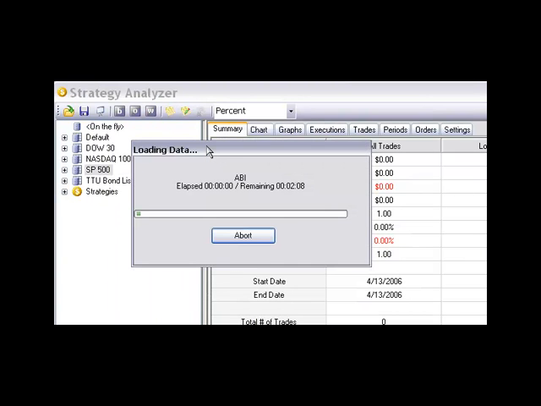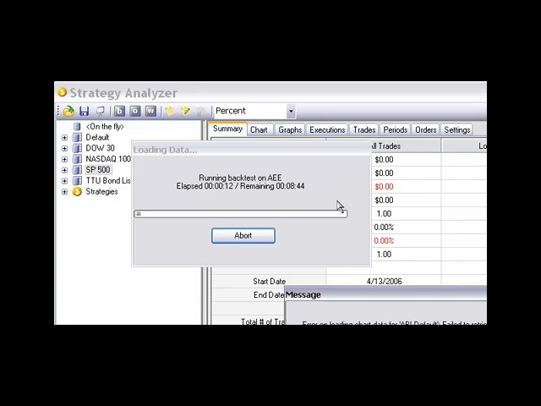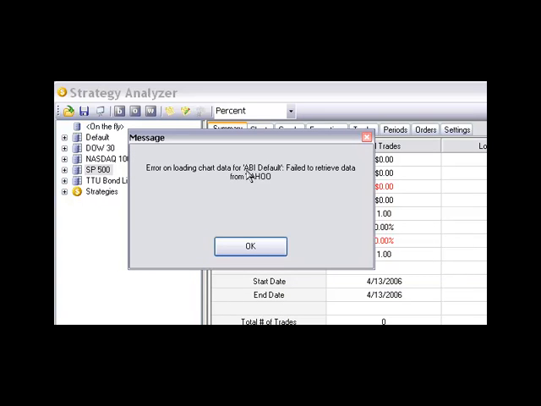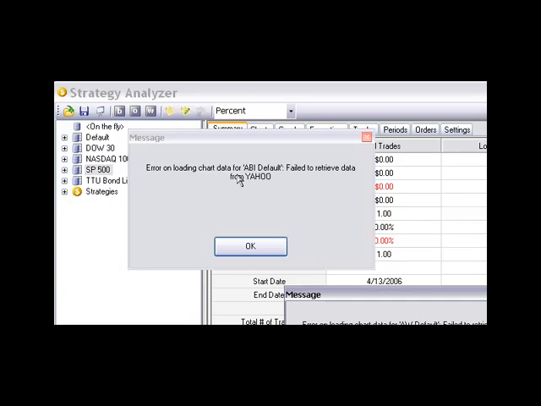From here, the NinjaTrader Strategy Analyzer will go out to the data source, to your data provider, and it will pull out the information from every stock for the whole year. Now, depending upon which stock it is, for example, on this one, ABI, occasionally not all of the information will be there, and it will say error on loading chart data for whatever stock.